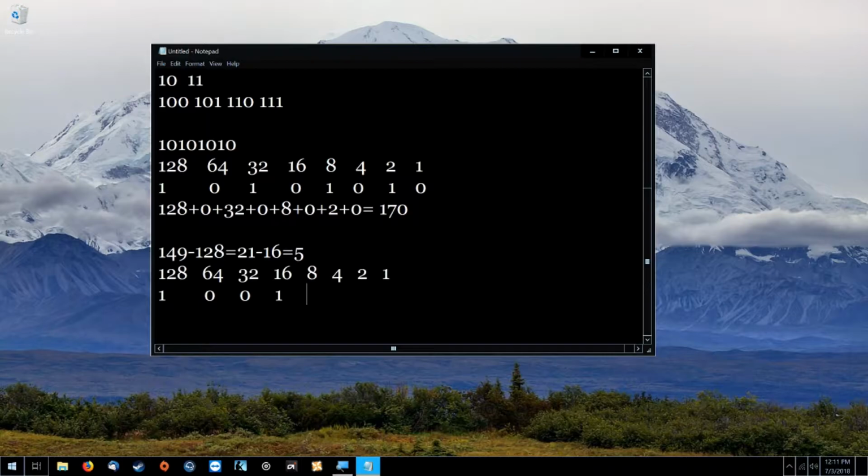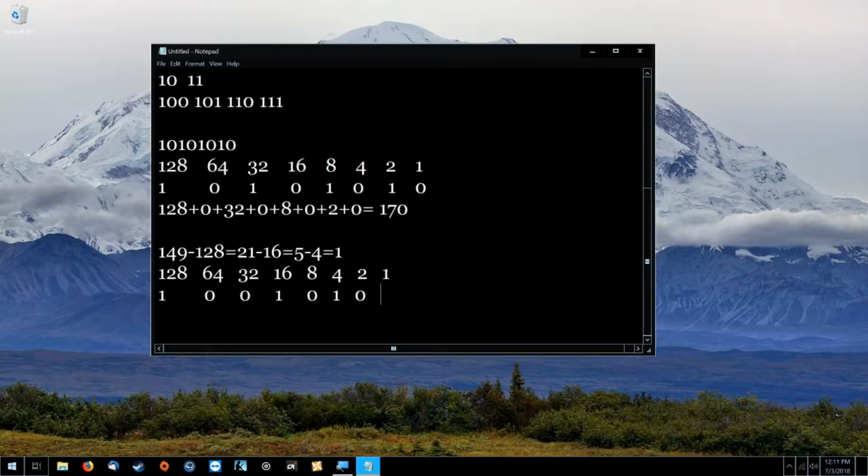Well, 5 minus 8 is a negative number, so we can't do that. But now 5 minus 4 is possible. 5 minus 4 equals 1. So now we have only 1 left. Well, 1 minus 2 is negative, obviously.